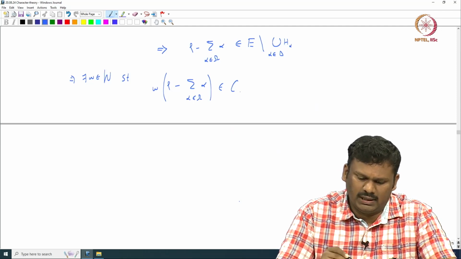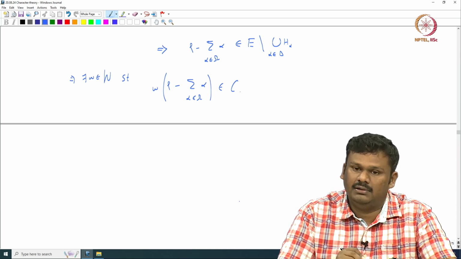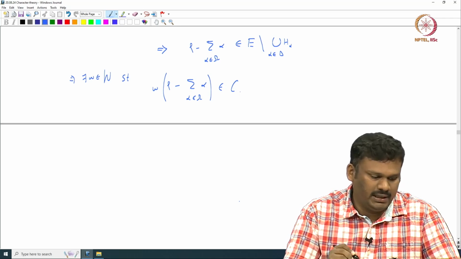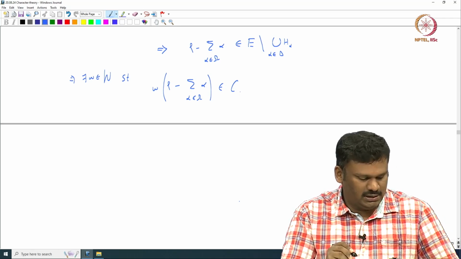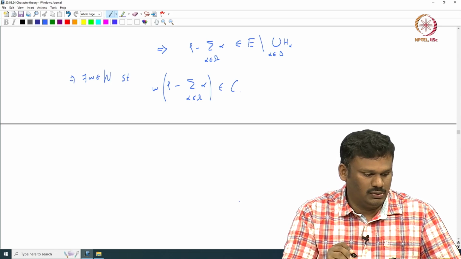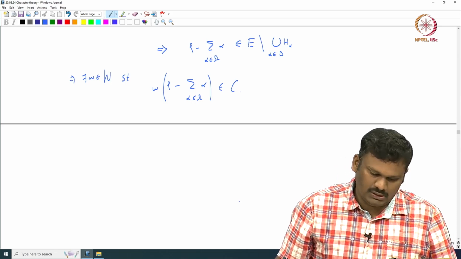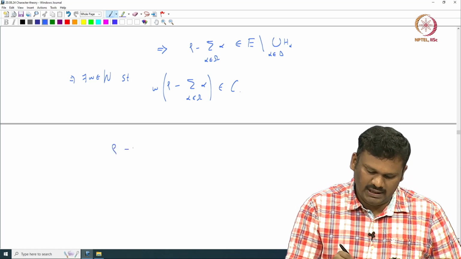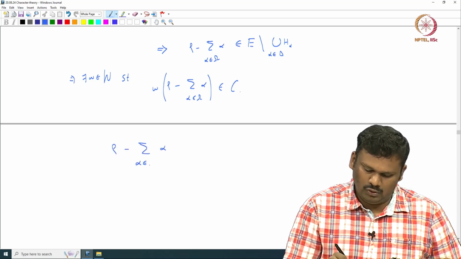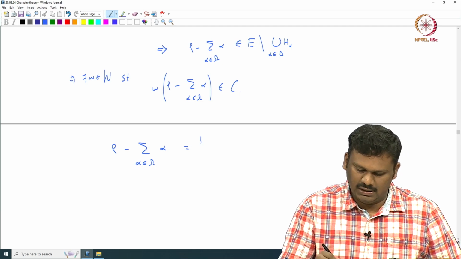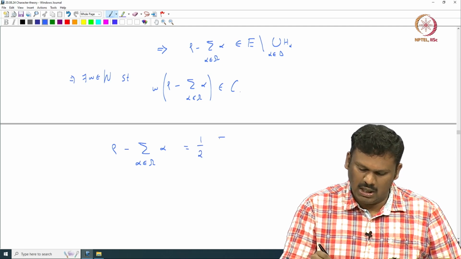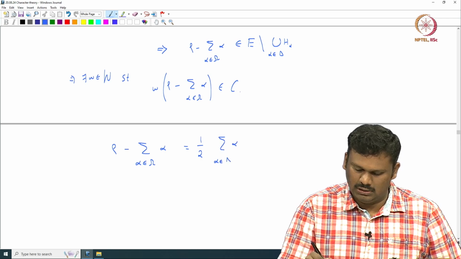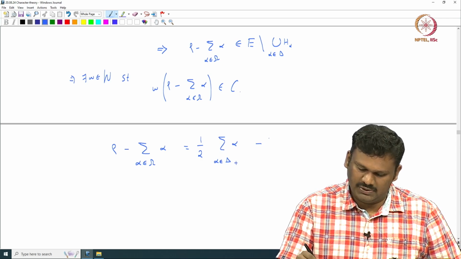So, you can just work out the detail, because this rho minus summation alpha, alpha in omega can be rewritten in terms of this set of positive roots. If you rewrite that, you can easily see this. Rho is a sum of positive roots, and then you are subtracting some alpha, alpha in omega.